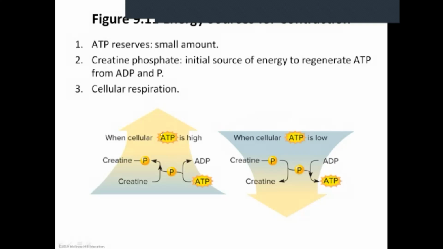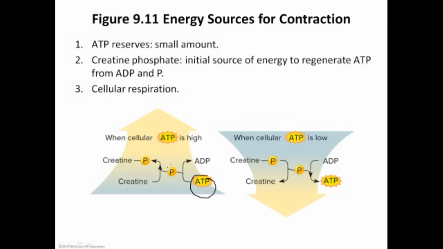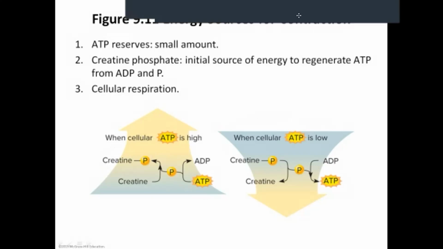So we can have this be stored as a rainy day. What happens here is your ATP molecule will actually lose one of those phosphate groups, and it gives it to creatine to make creatine phosphate. So we have a little rainy day fund. Again, when your ATP levels are high, we can just keep storing up that phosphate in creatine phosphate.